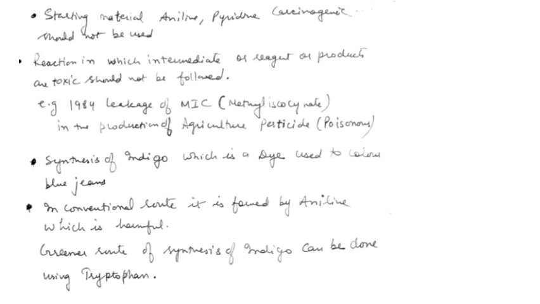If we are preparing something starting from materials like aniline or pyridine, which are very carcinogenic, they should not be used as a starting material or produced as any kind of product. We should not go for a reaction in which the intermediate, reagent or product is toxic.